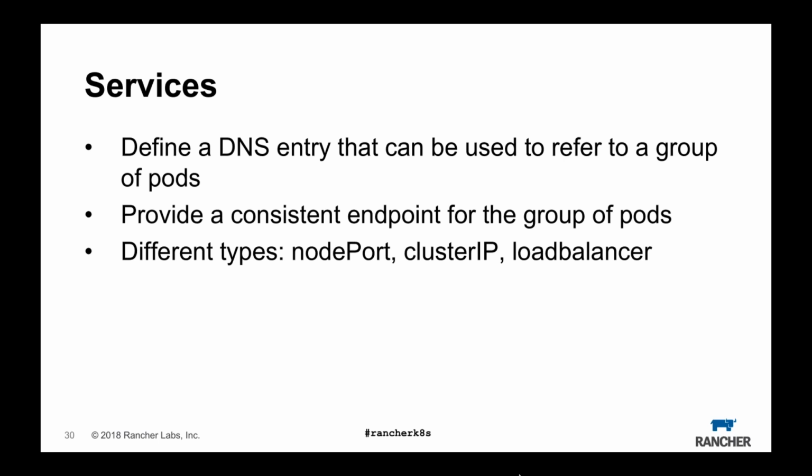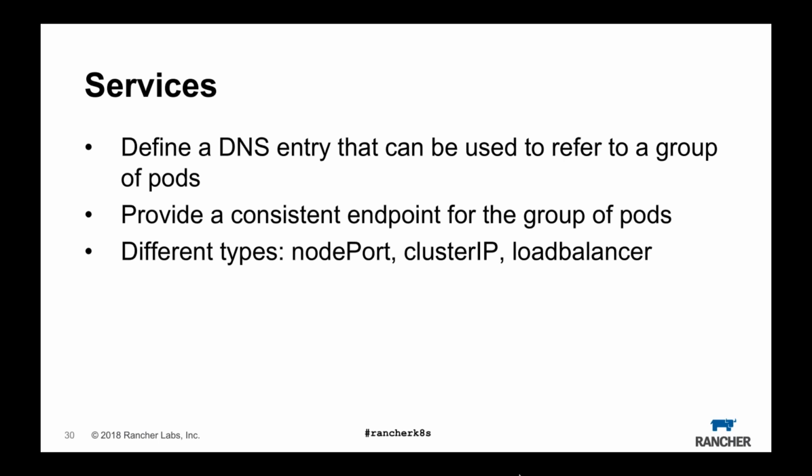So here comes the service. Service is a DNS entry, but that doesn't mean it's always externally available. Sometimes services are seen as external access given to pods, but it really depends on what type of service you have created for the group of pods.